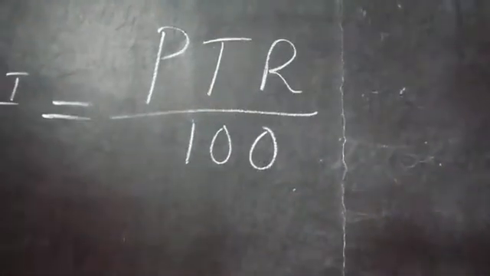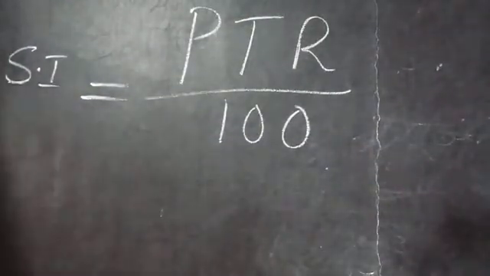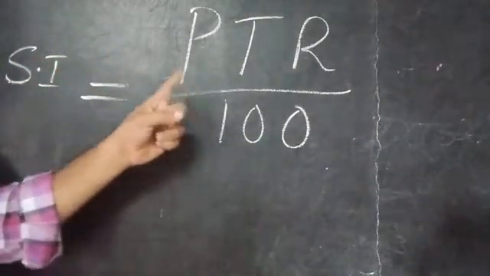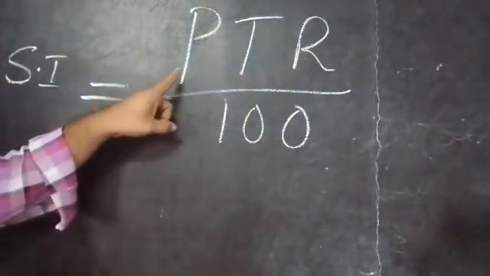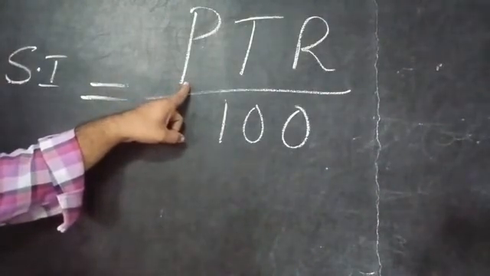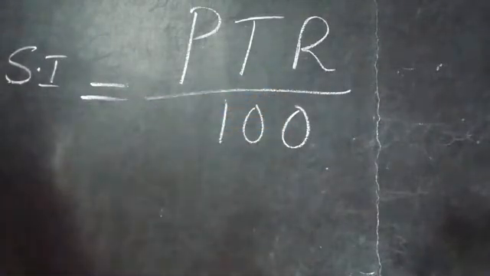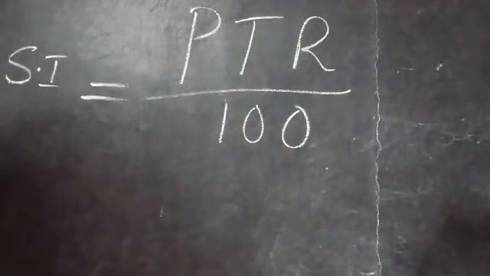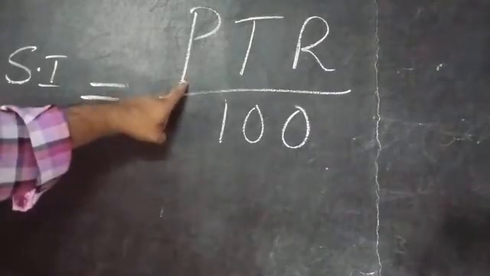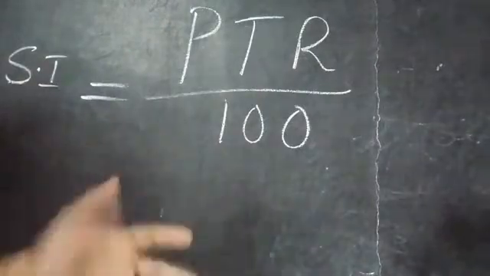In PTR by 100, P is changing for each and every sum, T is changing for each and every sum, and R is changing for every sum. This 100 is not changing. So this is one formula. In this formula, P, T and R are changing, and the 100 is not changing.